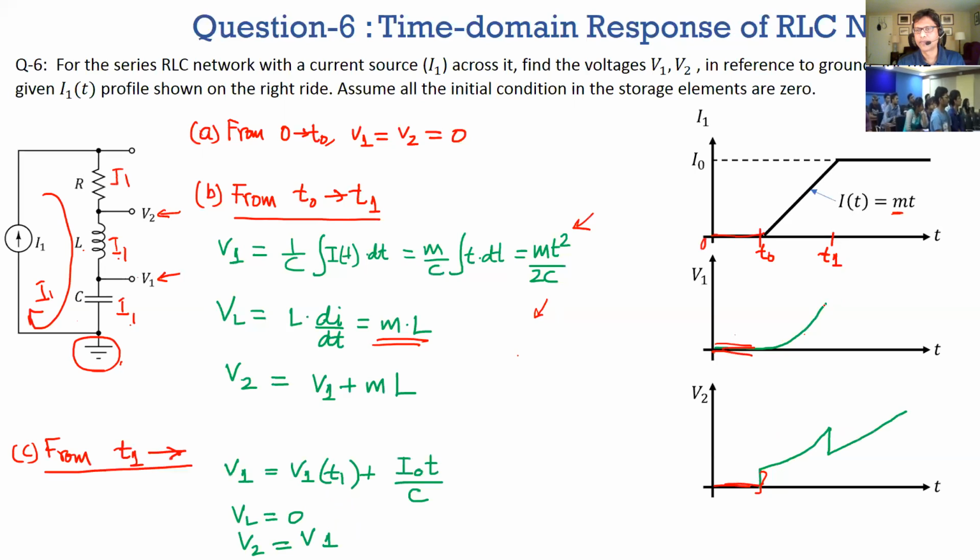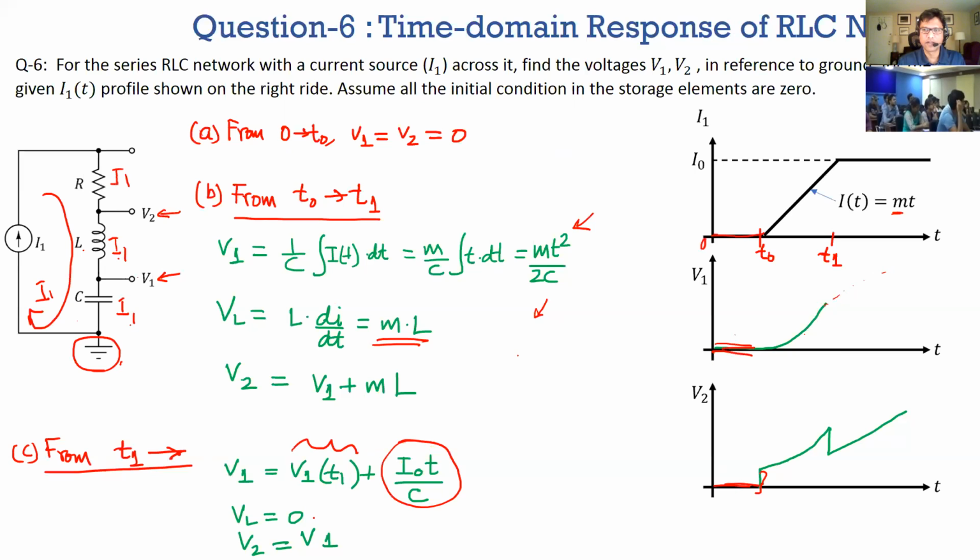In this circuit, since I'm pumping the current in the same direction, the capacitor voltage will just keep charging. There won't be any discharge. It was whatever voltage V1 was at T1, and because it's a constant current source, if you integrate it, you get this. It's an integrator basically.